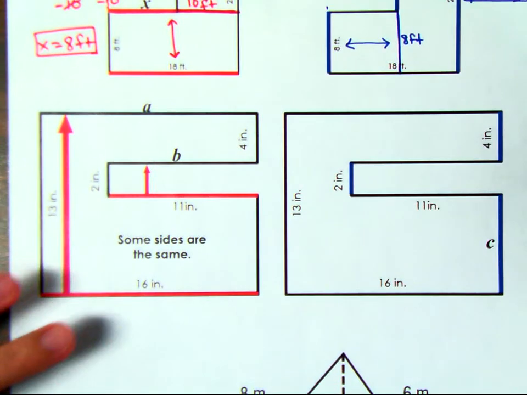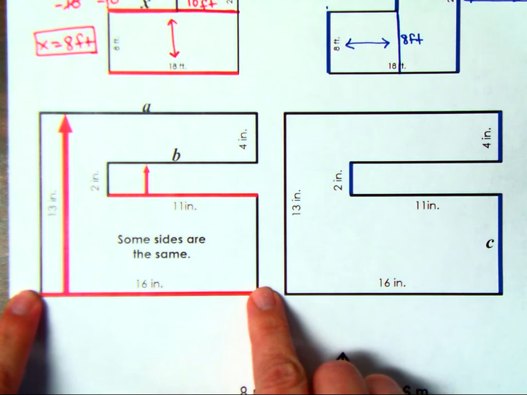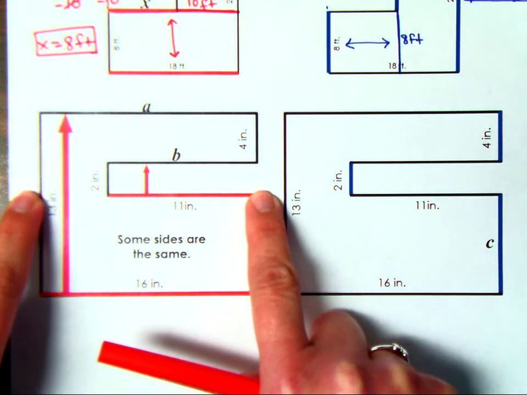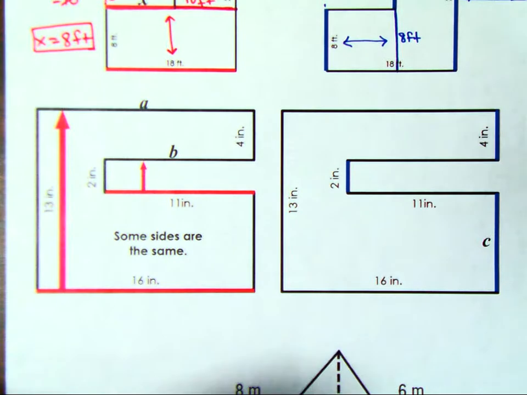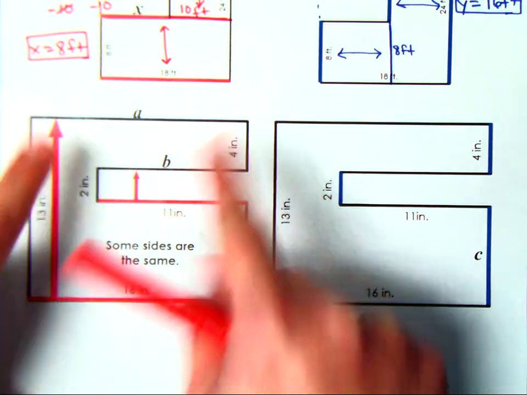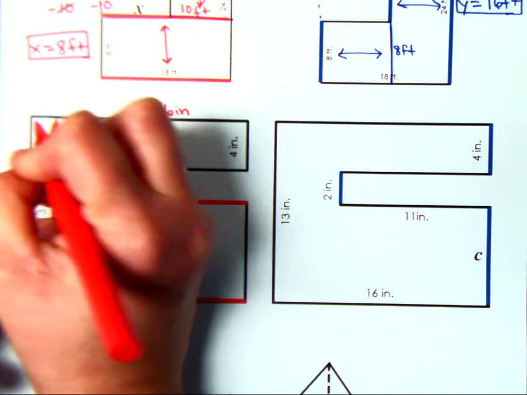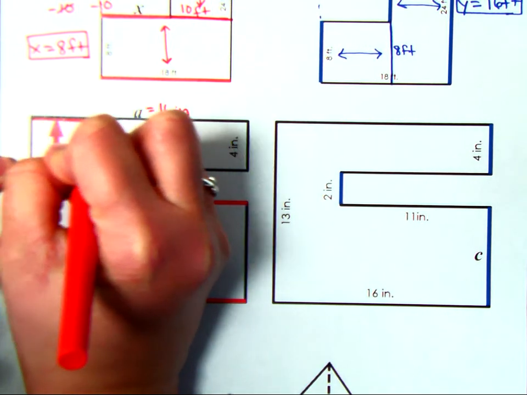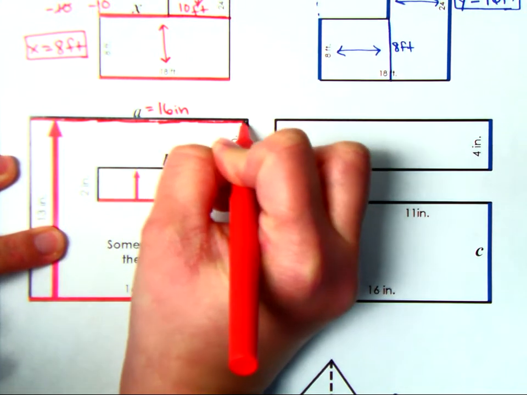Now we have the same shape, but this 16 inches is horizontal, from left to right. So right there is 11 inches. That means if we go all the way up, we know that A is going to be 16 inches, because this is parallel and congruent if we were to make one big rectangle.